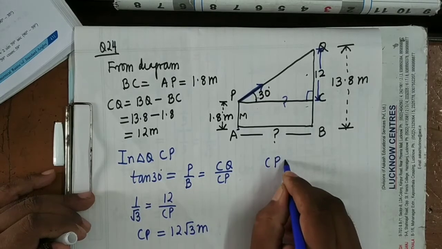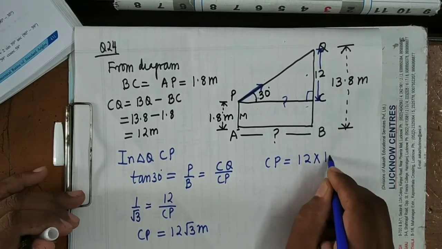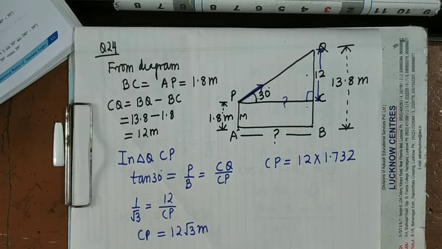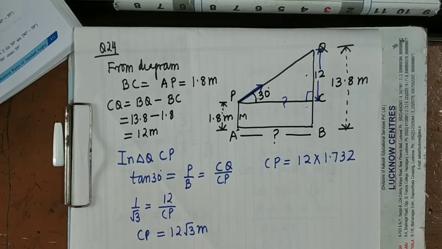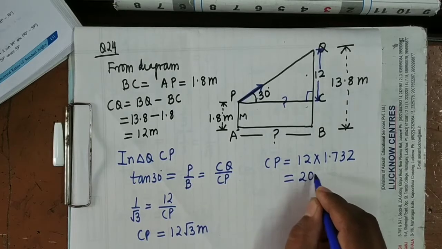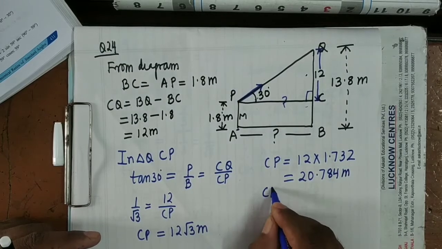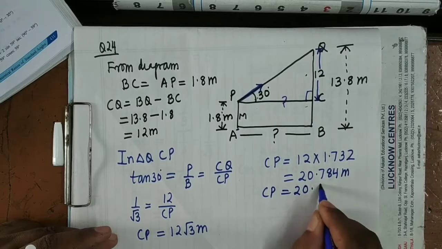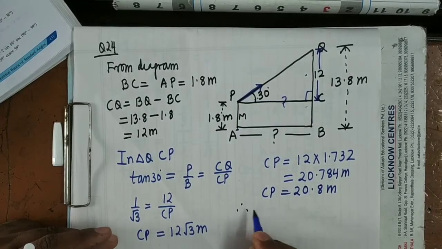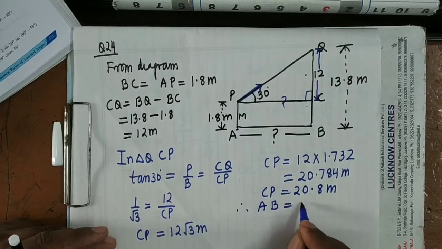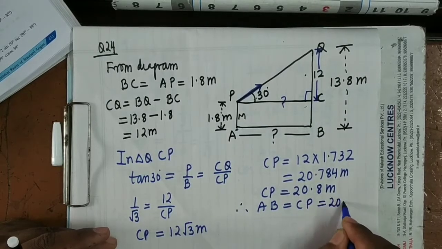So you can calculate this: 12 into 1.732, this comes out to 20.784 meter. So CP equals, you can write, 20.8 meter. Therefore, what will be AB? AB equals CP equals 20.8 meter.